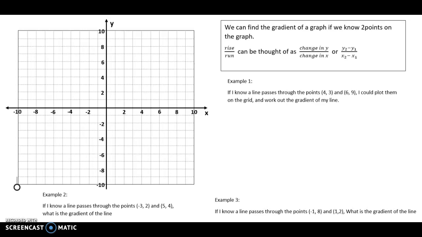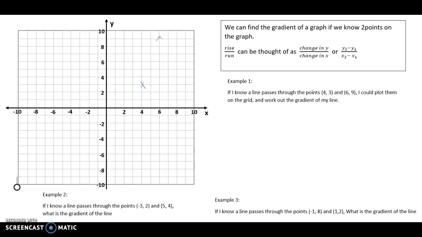So looking at example 1, if I know a line passes through the points 4, 3, I could plot that on my grid, 4, 3, and I'm going to plot the point 6, 9 on there as well. So if I find 6 and I go up to 9, I have got the 2 points plotted there. I'm trying to find the gradient of a line that passes through those two.